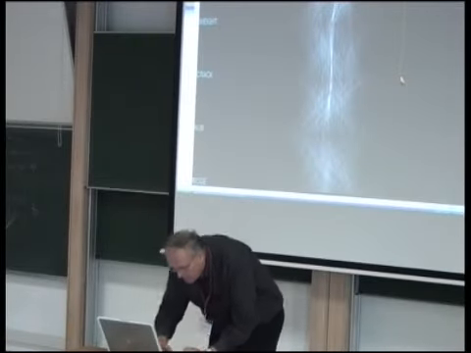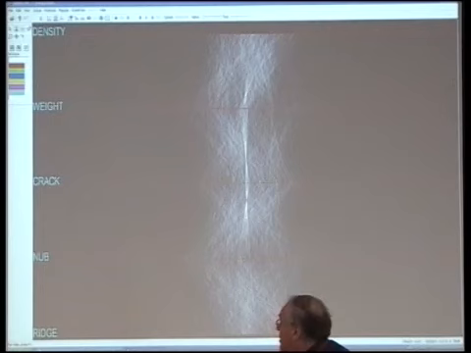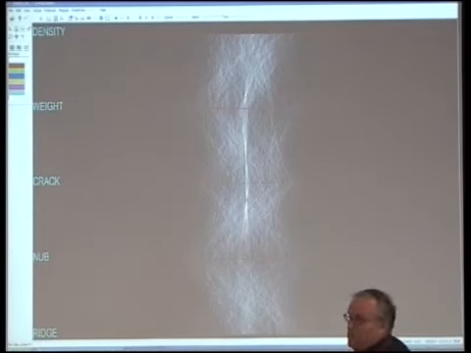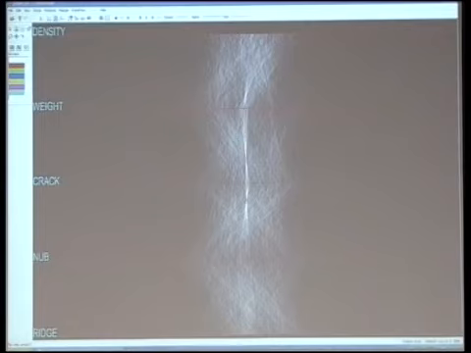Now, one of the things we can do is edit this. I'm going to use a clipping tool, and you can see that there's a structure in the middle of this. What I want to do is isolate that structure and see if we can understand what's going on.